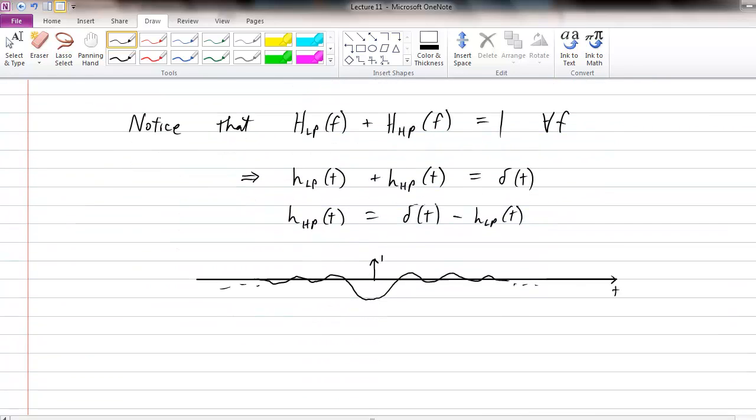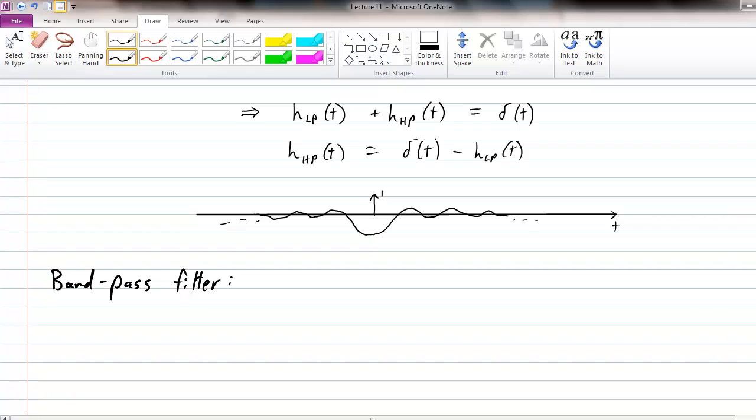Okay. All right, last one along these lines. Band pass filter. Okay, let's first just do one-sided. There's F, here's 0, and you're going to let frequencies between FL and FH through, for low and high.